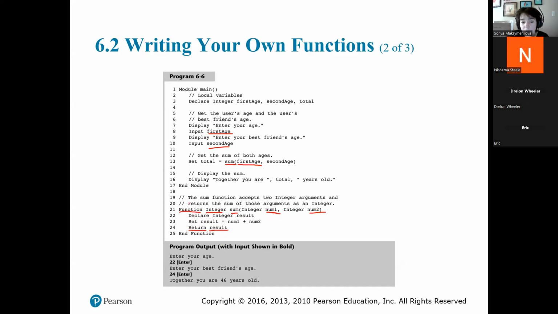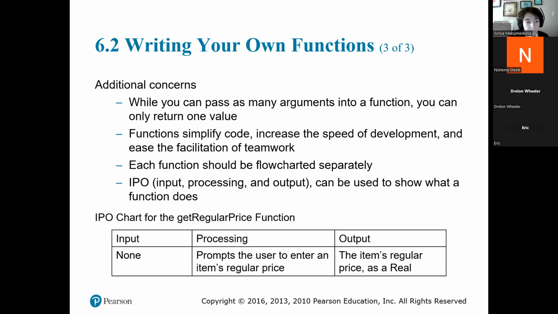In this function we calculate something, and then we send a variable back. And as you can see here, we're setting a variable called total, and it's going to equal whatever we return with that function, which is number 1 plus number 2, so first age plus second age. That's all it's going to do for us.